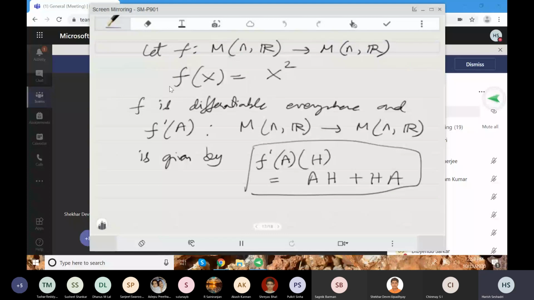But I also have the option of working with the operator norm on M_n(R), which is another norm. So all that stuff that I said previously will ensure that, when I talk about the derivative, it doesn't really matter which norm I work with. I'll get the same answer.